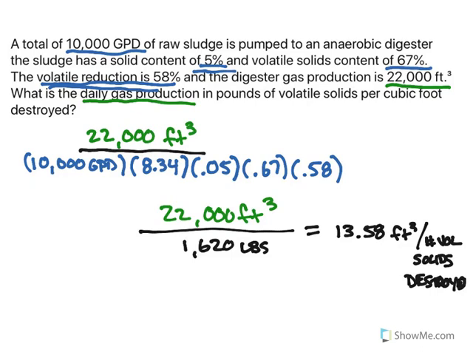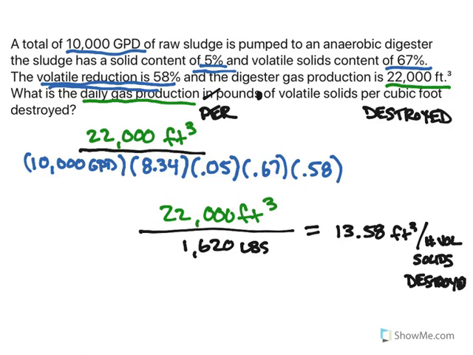So I think this problem, to be properly written, ought to be asking what is the daily gas production per pound of volatile solids destroyed. But that is not how it's written in these questions. So this is how you're going to set up all of these problems.